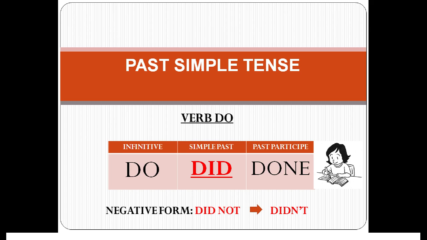Did is the past simple form of the verb do. And that is why we use it to build question sentences or the interrogative form. Also, negation is built by adding the word not, and now we have did not, or shorter, didn't. The shorter form is used more often because it is easier.